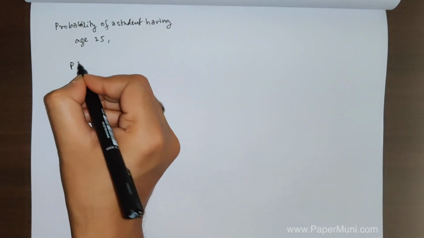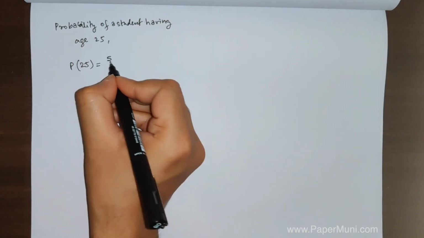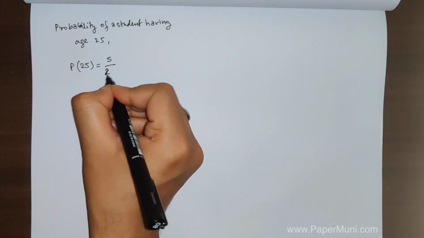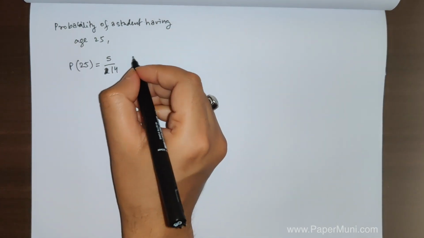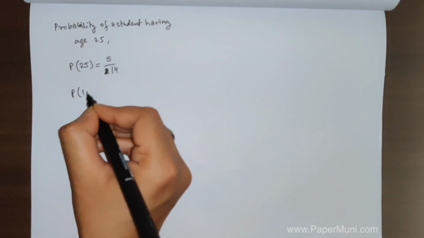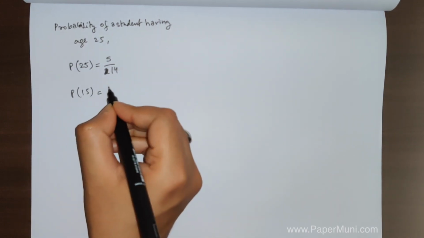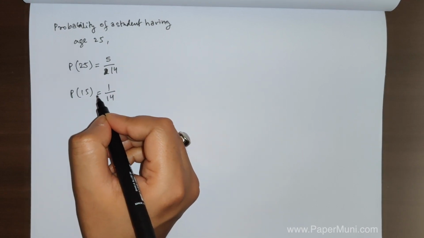How do we define it? P25 is equal to, there are 5 students with age 25 and the total number of students is 14. Similarly, if you want to find the probability of a student having age 15, if you randomly pick one, it will be 1 by 14. This is the basic way to find probability.